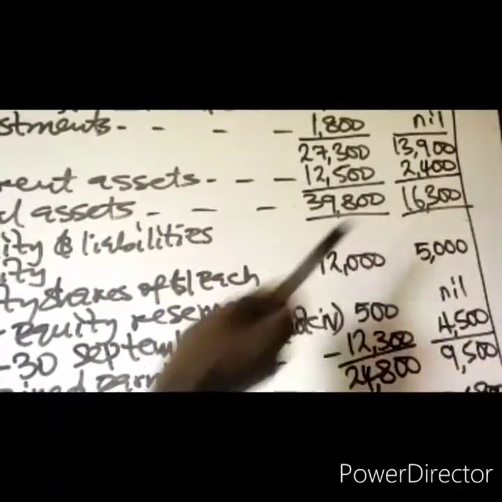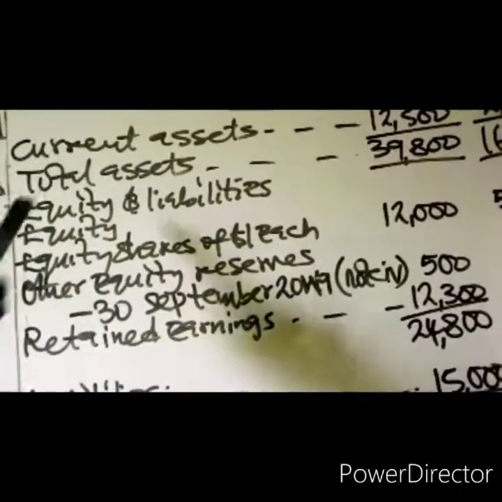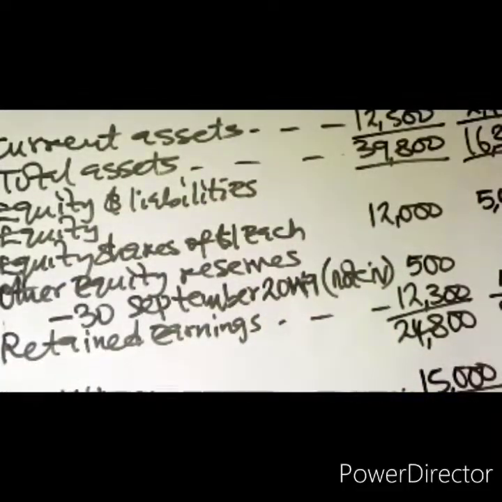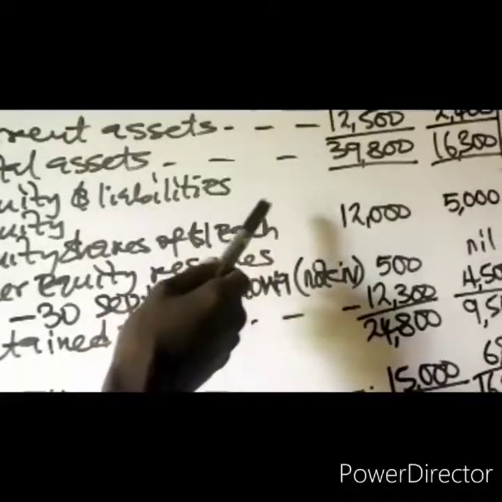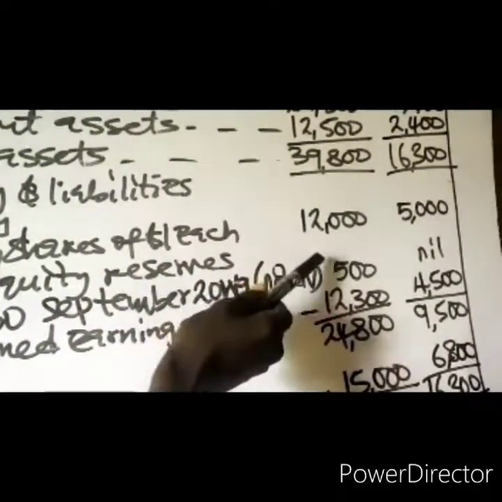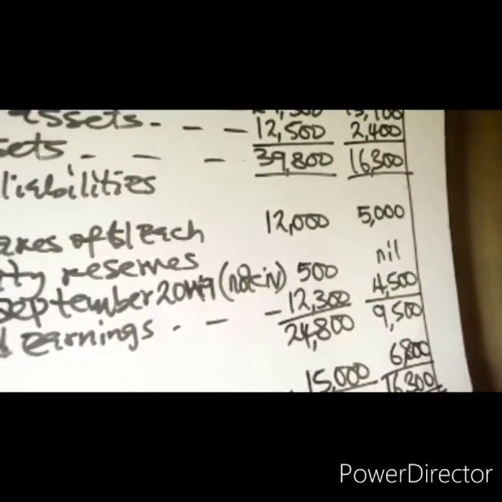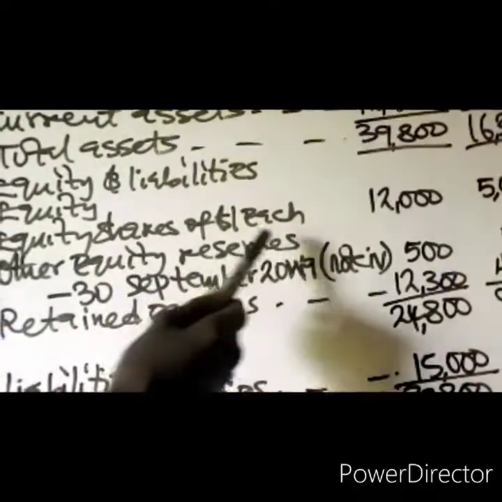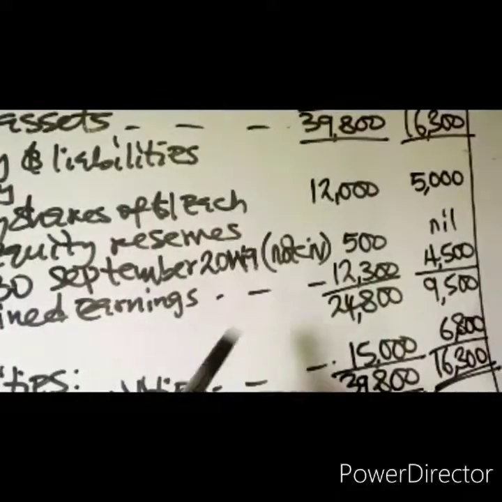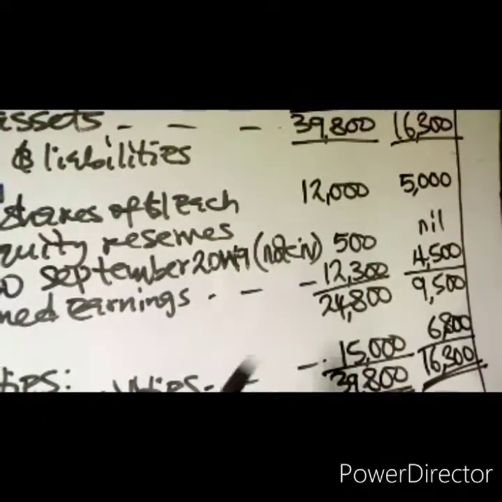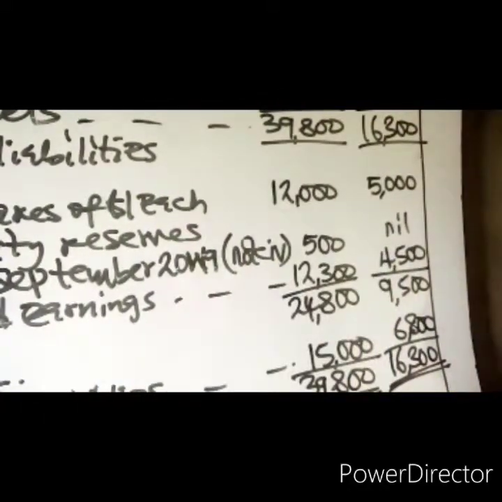Total assets 39,800 and 16,300. Equity and liabilities. We have equity shares of $1 each, 12,000 and 5,000 respectively. Other equity reserves at 30th September 20W9, note 4, 500 and nil.